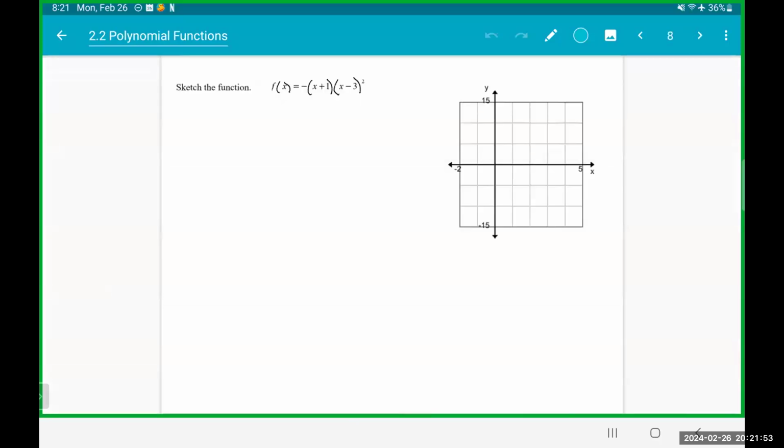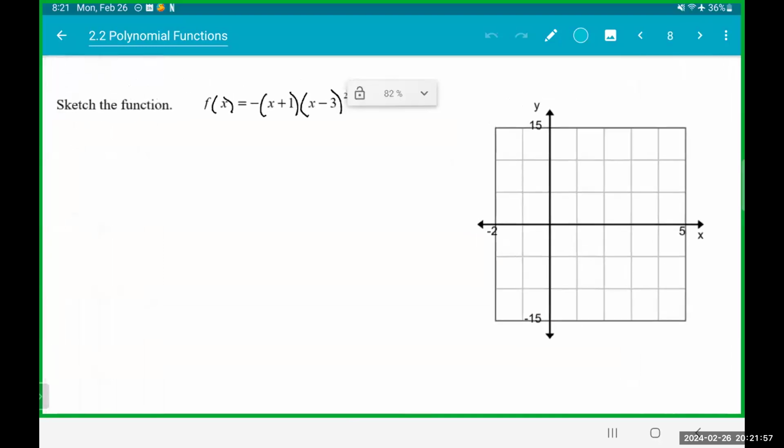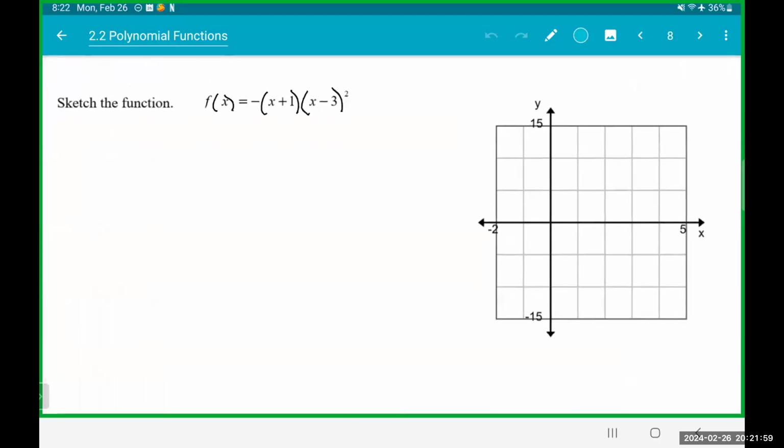All right, so let's look at another example. We want to sketch negative x plus 1 times x minus 3 squared. Our leading term is negative x, and this would be an x squared, so when we multiply those together, that becomes negative x cubed.